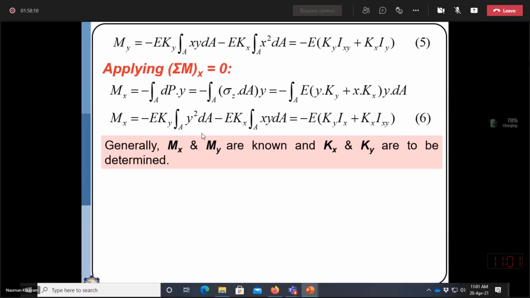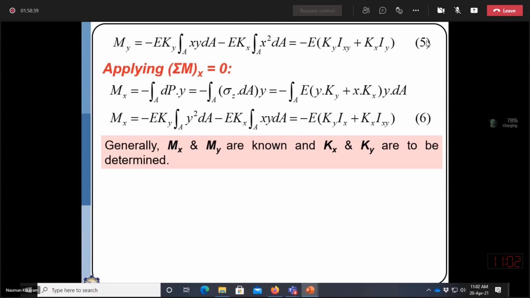So generally Mx and My are given or known, and values of curvature kx and ky are to be determined. Normally, if we know the beam and applied loadings are given, we know the magnitude of the moments Mx and My. So moments are mostly given, but the curvatures are unknown.